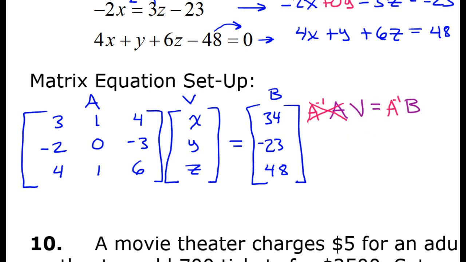And I'm left with the fact that the variable matrix should equal A inverse times matrix B. So this is what we're going to do. We need A inverse times B. So let's type matrix A and B into our calculator so we can produce this expression.